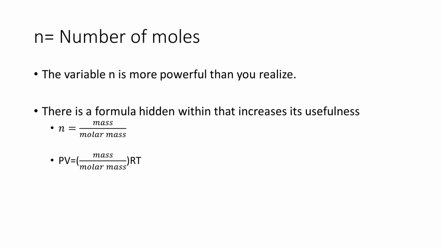This means you can actually insert this formula within the ideal gas law. And that means you can solve for the mass of the gas or the molar mass of the gas. If you don't know what the gas is, you can calculate molar mass and possibly identify it. If you don't know how much it weighs, you can calculate the mass because you can't use a balance. So number of moles is actually an extremely useful variable.